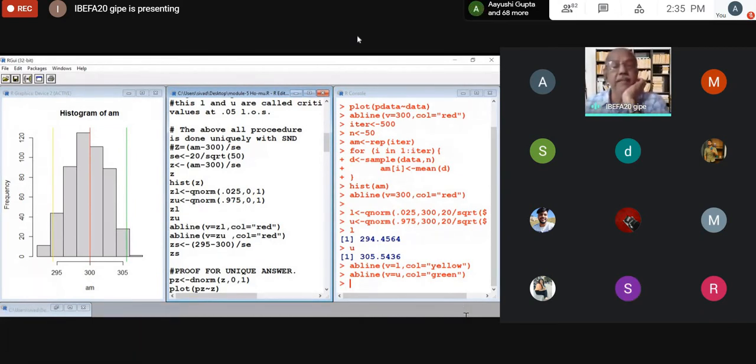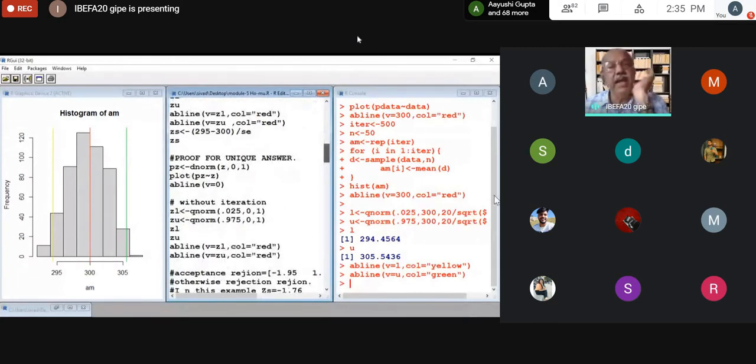Therefore, there is a standard procedure using the standard normal distribution.